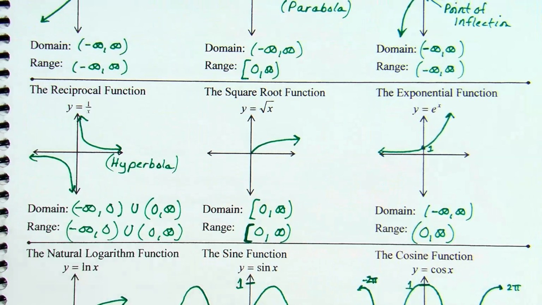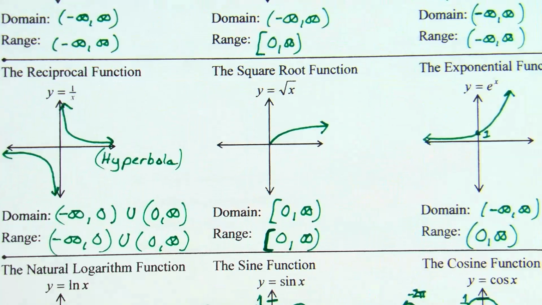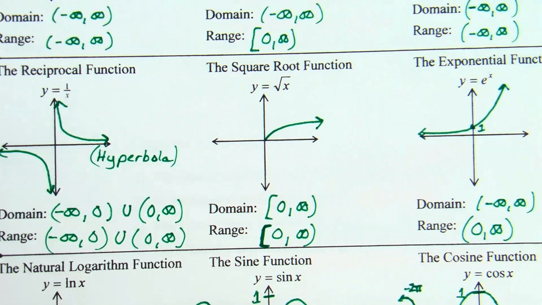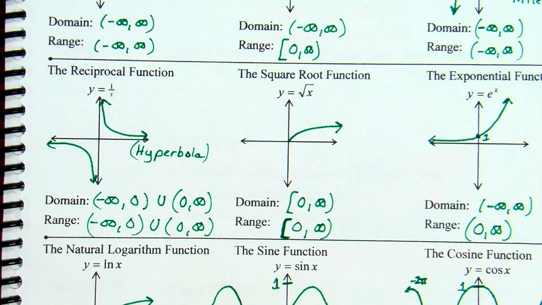Not the absolute value function. I'm going to say no to those for the same reason. They have a point at the x-axis, but they don't run alongside the x-axis. We need something that runs alongside the x-axis as it goes off either way. Nope. Squaring is going to be no for the same reason, like the square root and the absolute value, because it just has a point there.